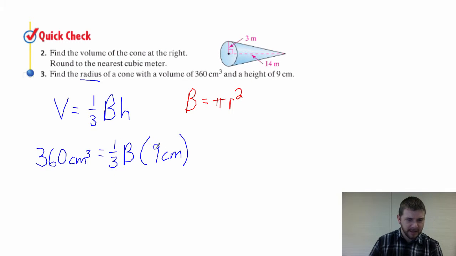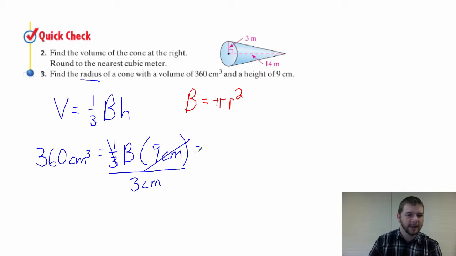Perhaps even first, 9 times 1/3 is simply 3, so we'll be dividing both sides of our equation by 3 centimeters. And note, dividing by 3 will actually take care of both this 9 centimeters, more specifically dividing by 3 centimeters, and this 1/3.